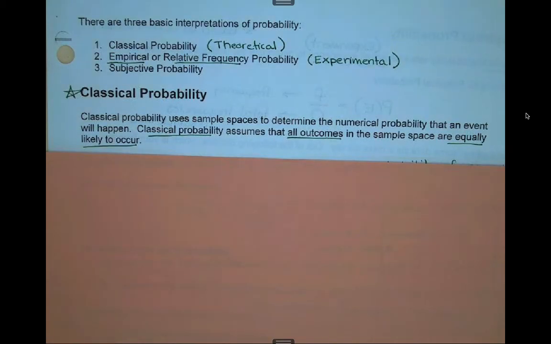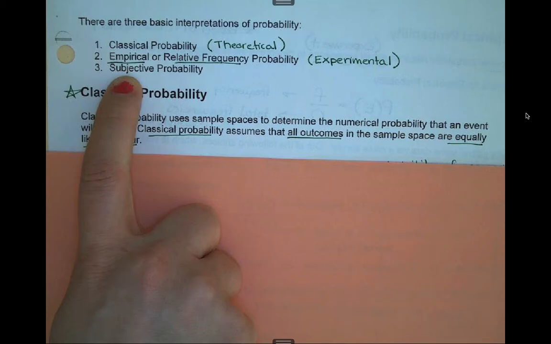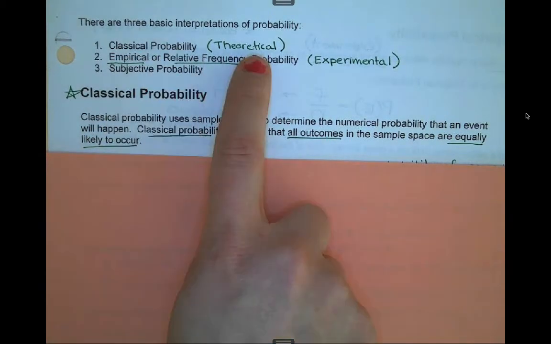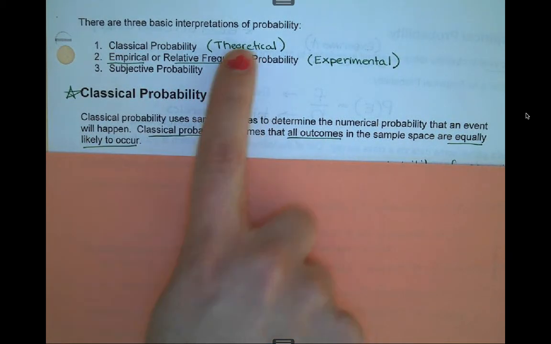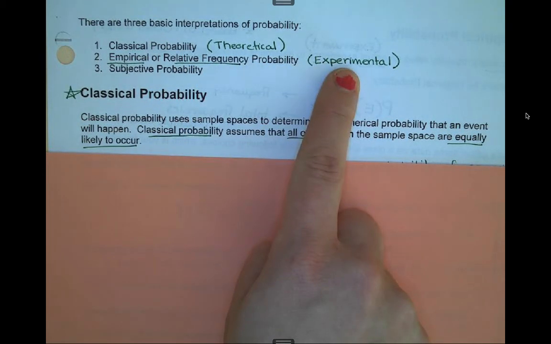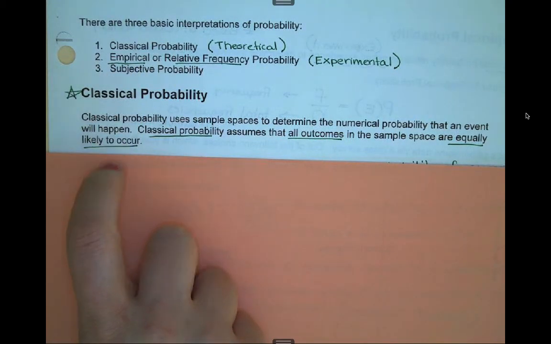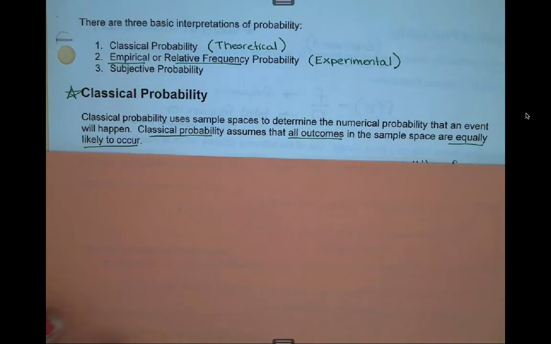There are 3 approaches to probability. We call those approaches classical probability, empirical probability, or subjective probability. Classical probability can also be called theoretical probability, and here relative frequency probability or experimental probability are other terms for empirical probability. Subjective probability is just subjective probability.